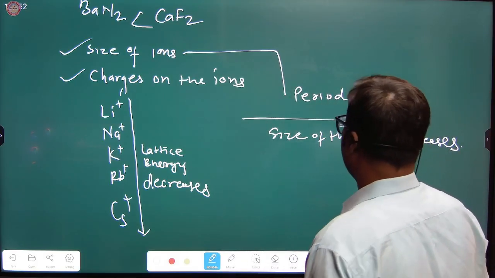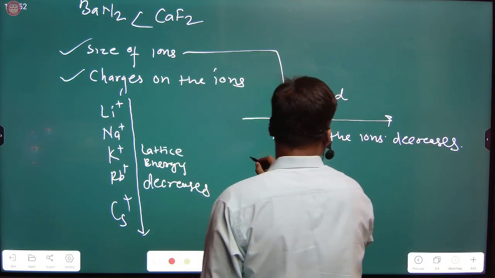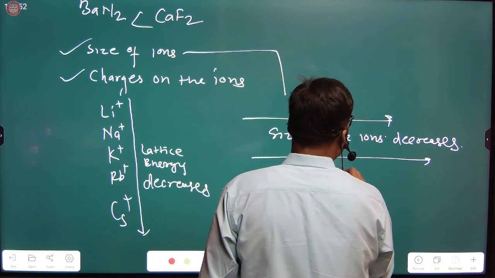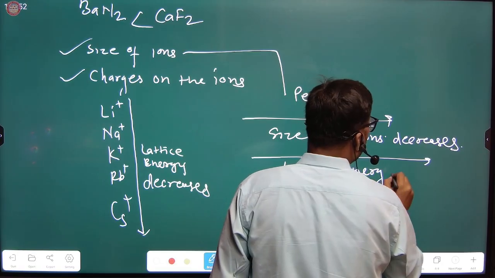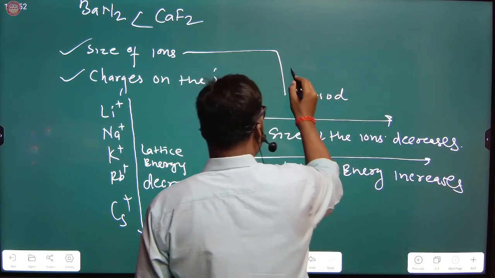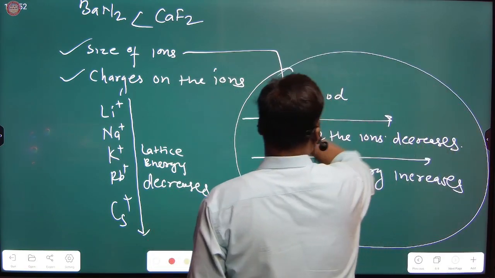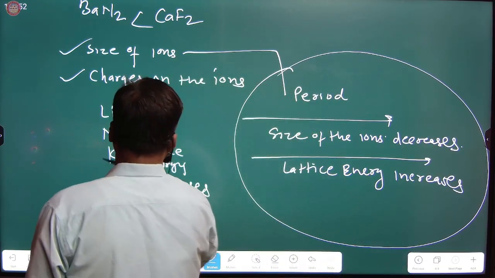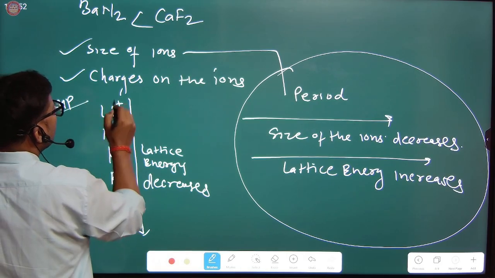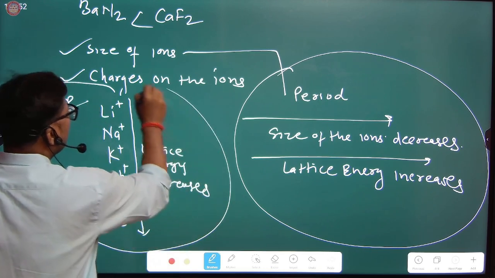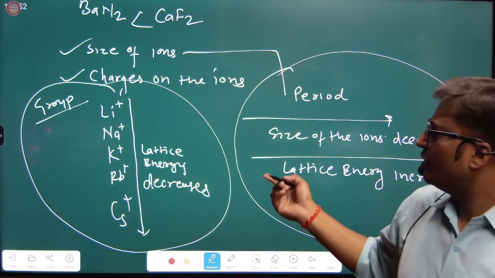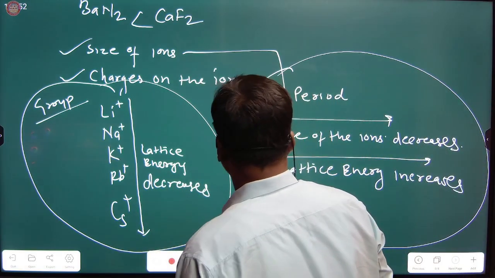Means lattice energy increases, right, in the period. But in the group, lattice energy decreases. So it all depends on the size of the ions, right?